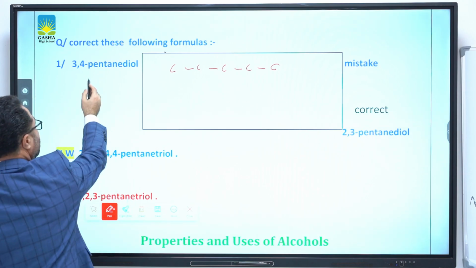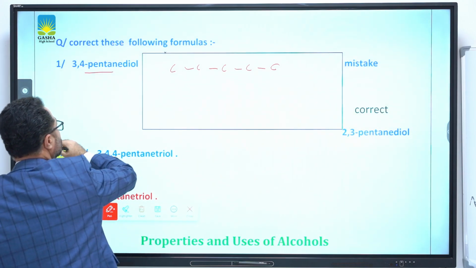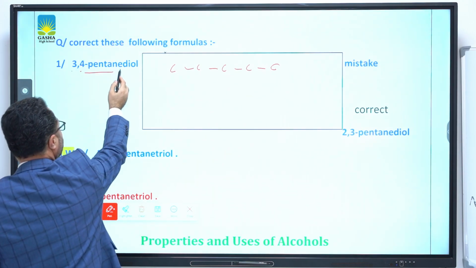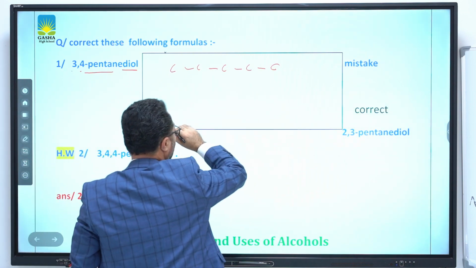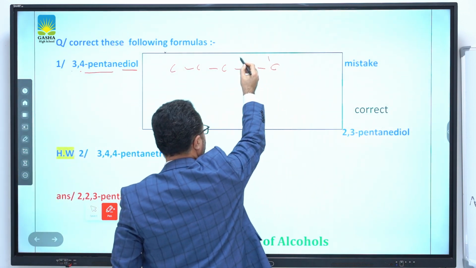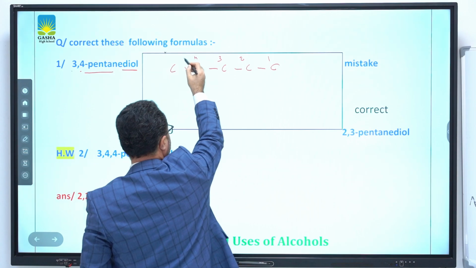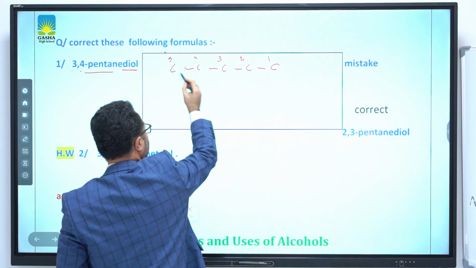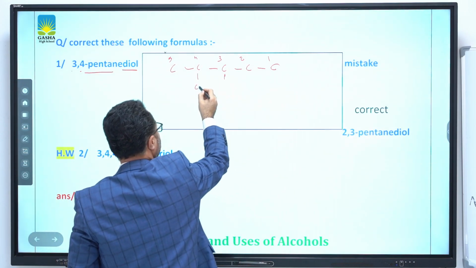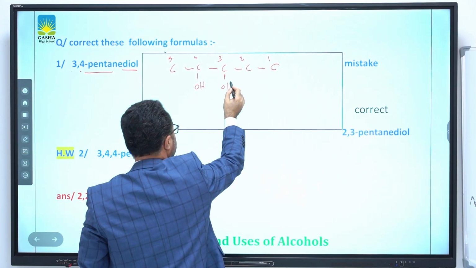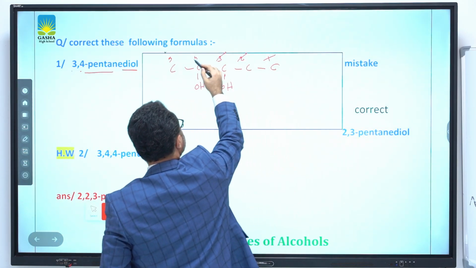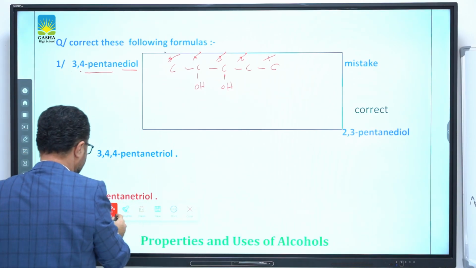We have 5 carbons, pent. On the 3 and 4, we have 2 OH groups. Number it as you like: 1, 2, 3, 4, and 5. On the 3 and 4, we have OH. It's incorrect. Remove the numbers and number it from the start.